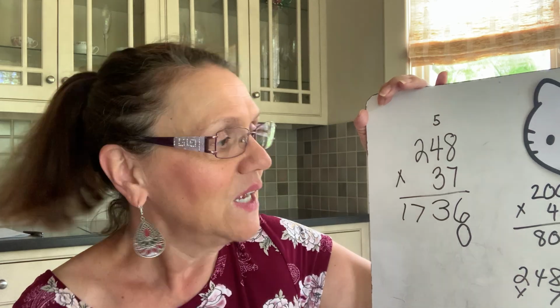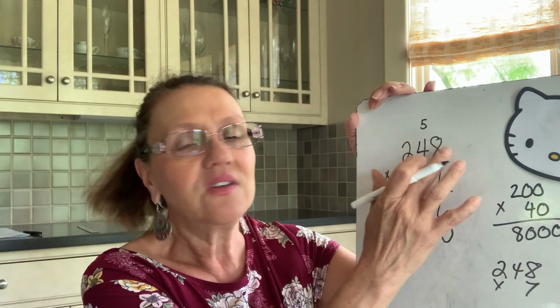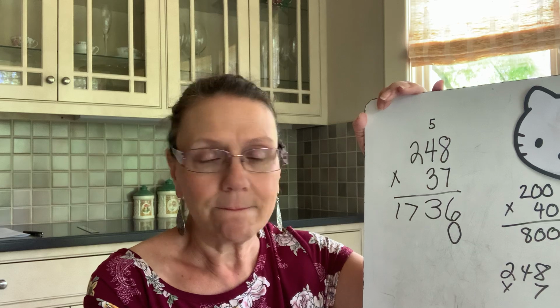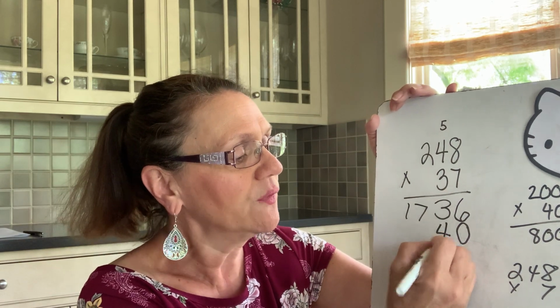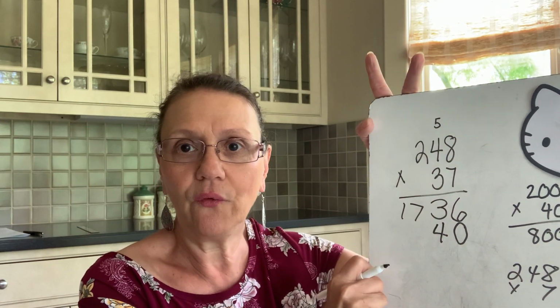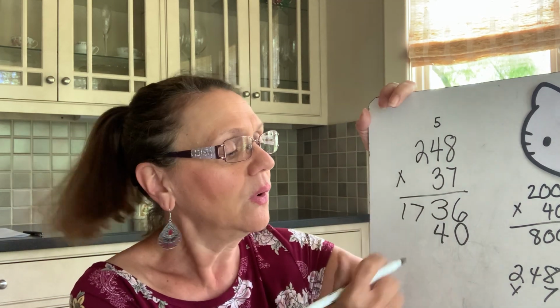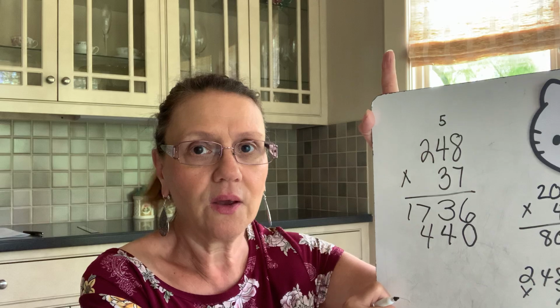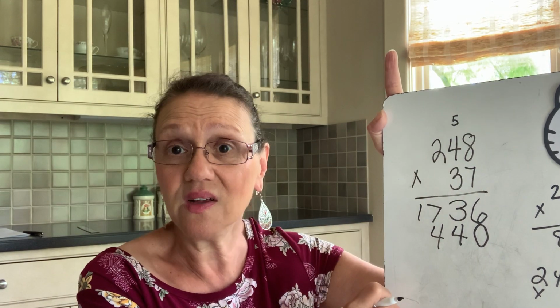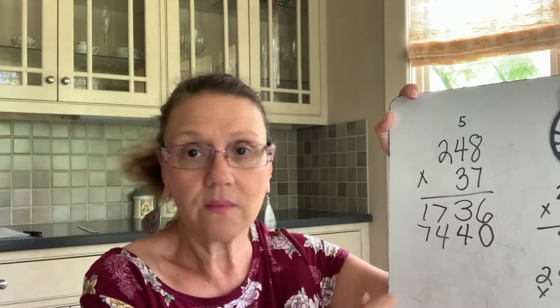Okay? So 3 times 8, 24, put your 4, carry your 2. 3 times 4 is 12, plus 2 is 14, carry the 1. 3 times 2 is 6, plus 1 is 7.